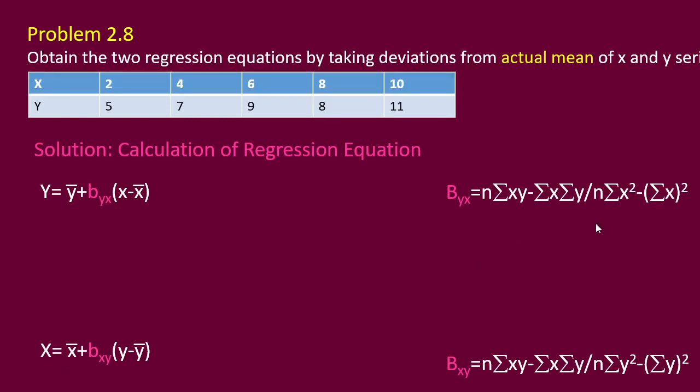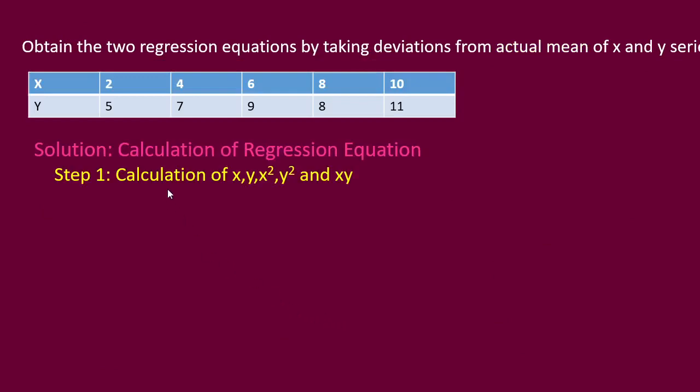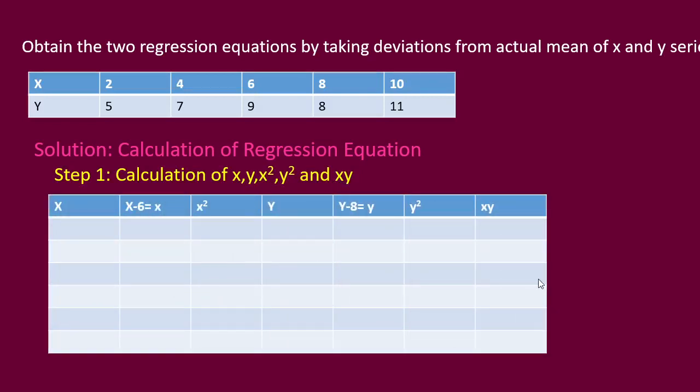As far as finding these things, we have to prepare a table. That means finding summation x, summation y, summation x square, summation y square, and summation xy. As in correlation, here also we prepare a table to find all these parameters.